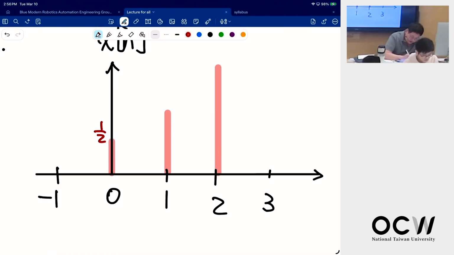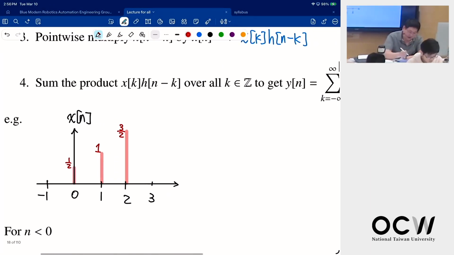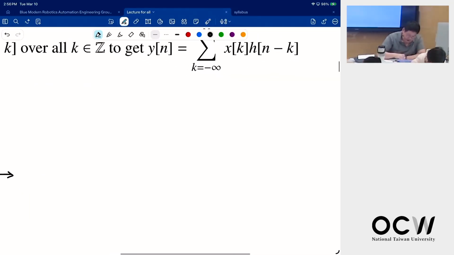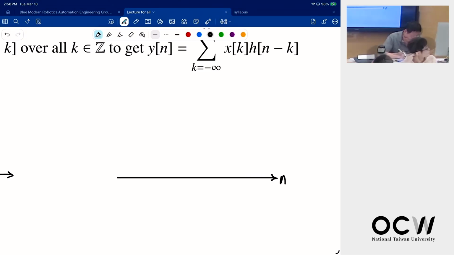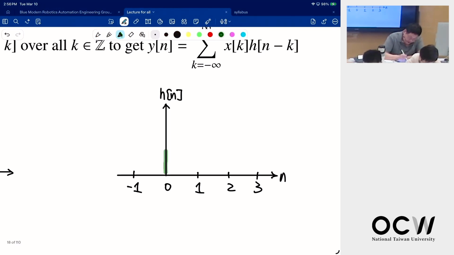So this is 1/2, here's 1, and 3/2. That's our signal. And then for the system, let me finish that, you can plot. So for your system, minus 1, 0, 1, 2, 3. They're all 1 from 0 to 2.